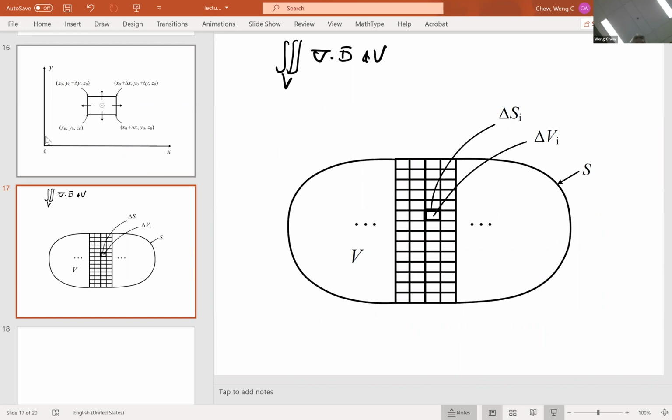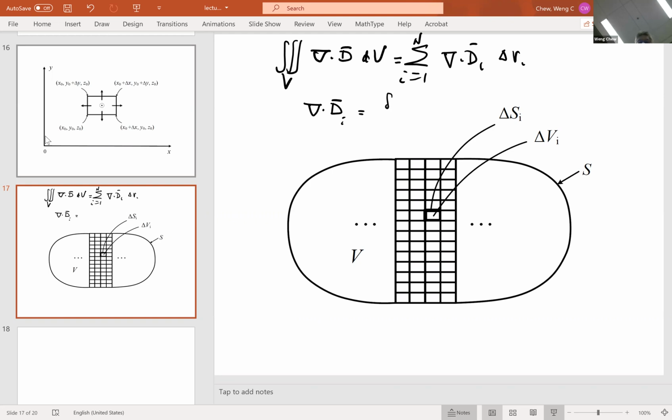That means that I can break the volume up into tiny little cubes and perform these experiments for each of them, and then make use of the definition of what the divergence of B is.